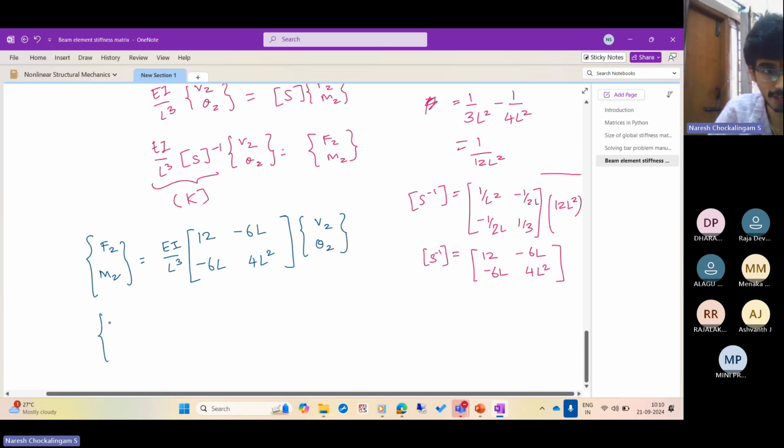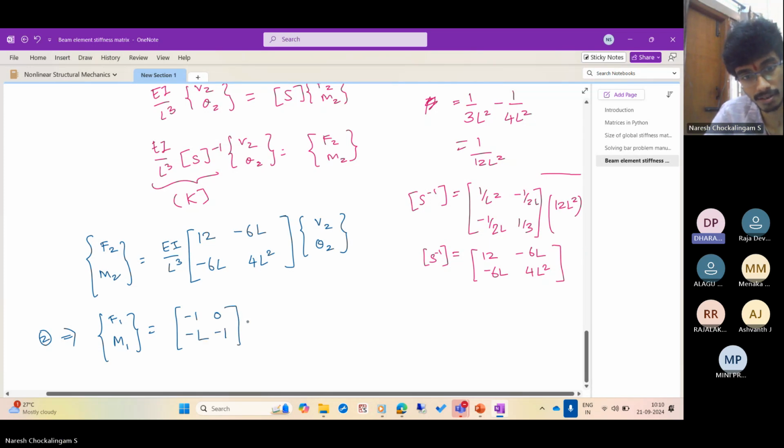Now what about F1 and M1? F1 M1 from equation 2, they are given as minus 1, 0, 0, minus L, minus L, minus 1 times F2 M2.